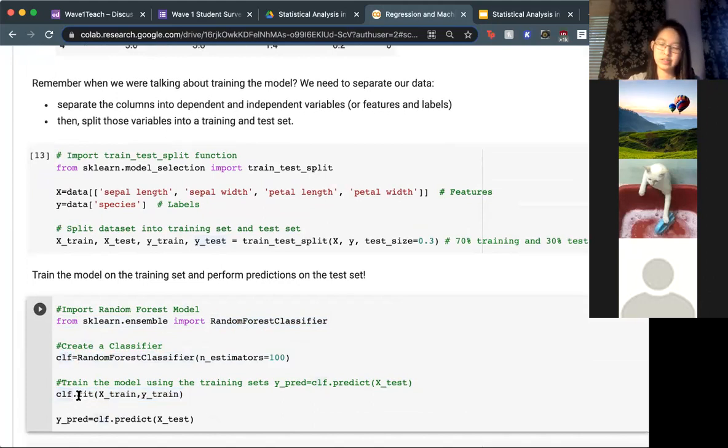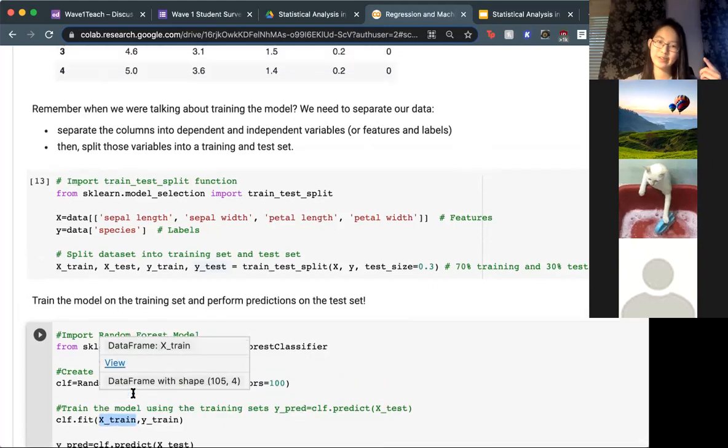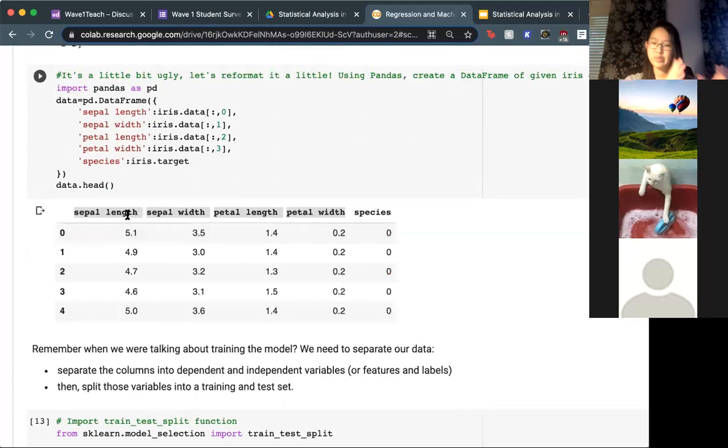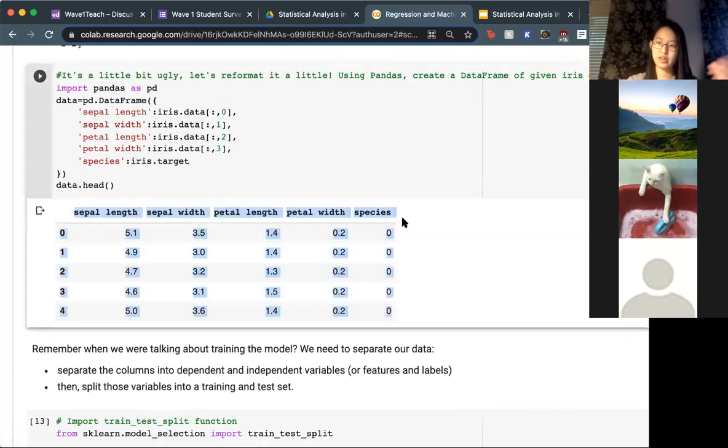So what you do here is clf.fit, and for the training data sets, you give it the features and then the answer keys for the features, so the model can start to train itself on, hey, maybe a bigger sepal length is related to species 0, or maybe a smaller petal length is related to species 1. You want to give it all the answers so it can start understanding the patterns.